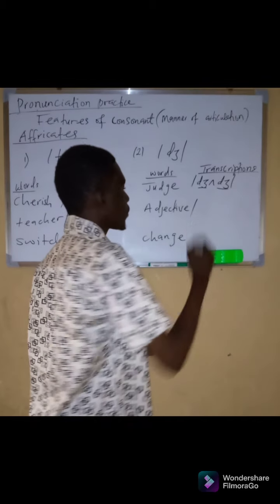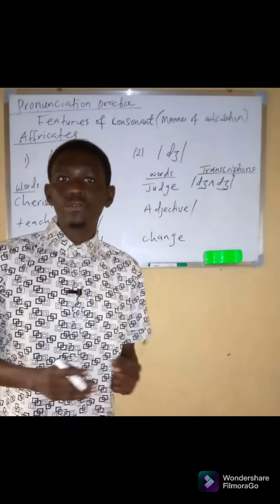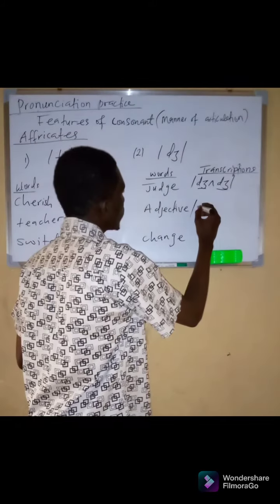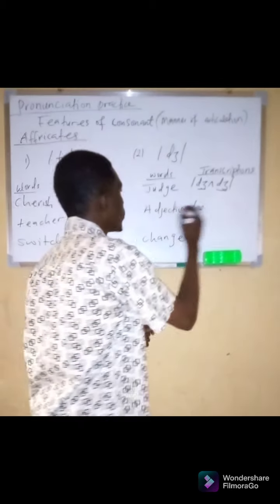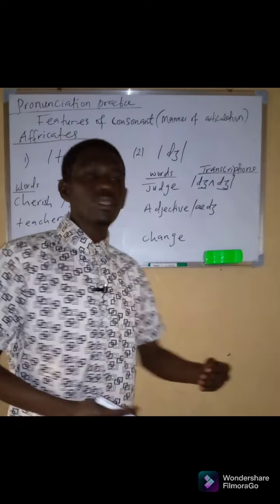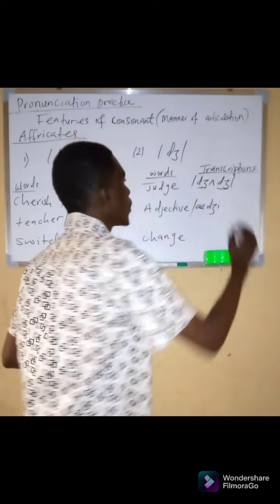The word adjective. Here we have the schwa sound. Adjective, not adjective, but adjective. The short schwa sound. Adjective. And the j sound. The short e sound. Then the k sound.